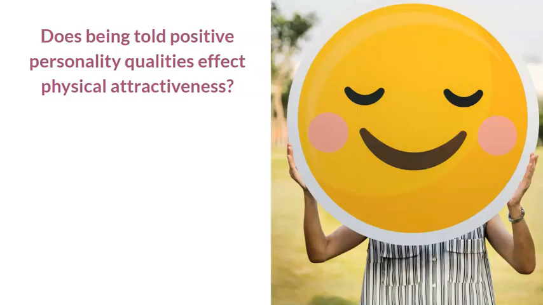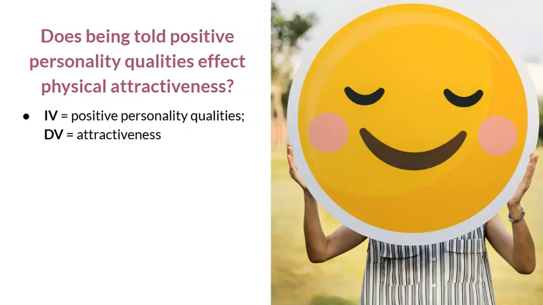This lecture example wants to know if being told positive personality qualities will affect physical attractiveness. Since we do not know what effect positive personality qualities will have, we will conduct a two-tailed test with non-directional hypotheses. The details of this research study are provided in your chapter handout.